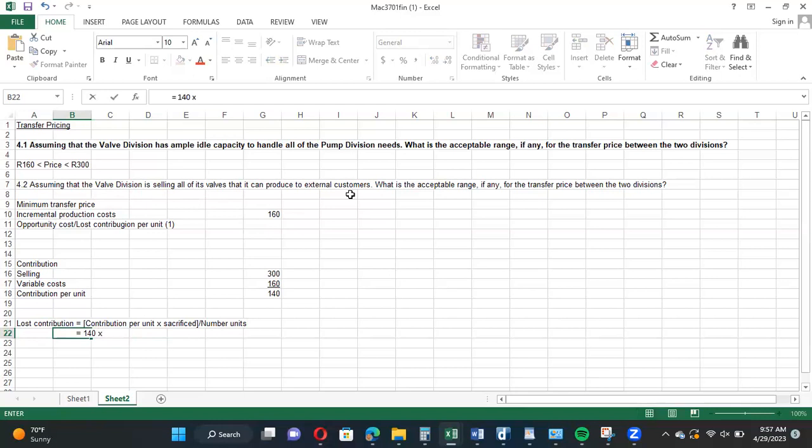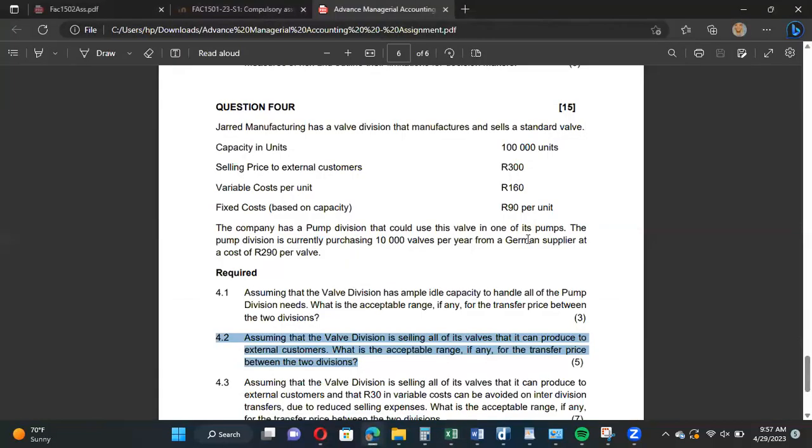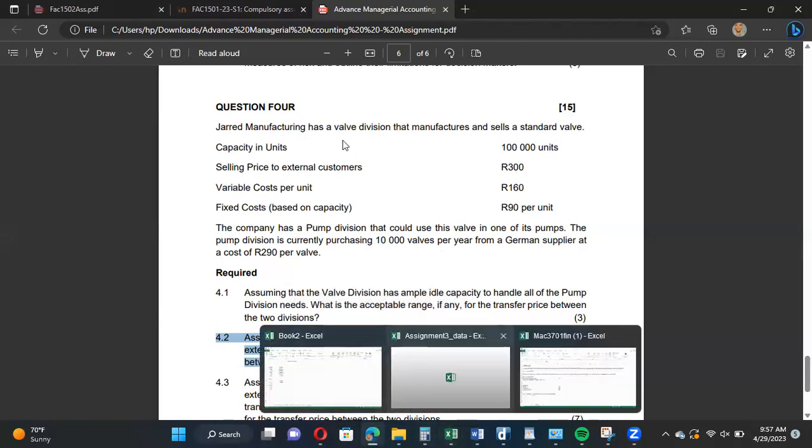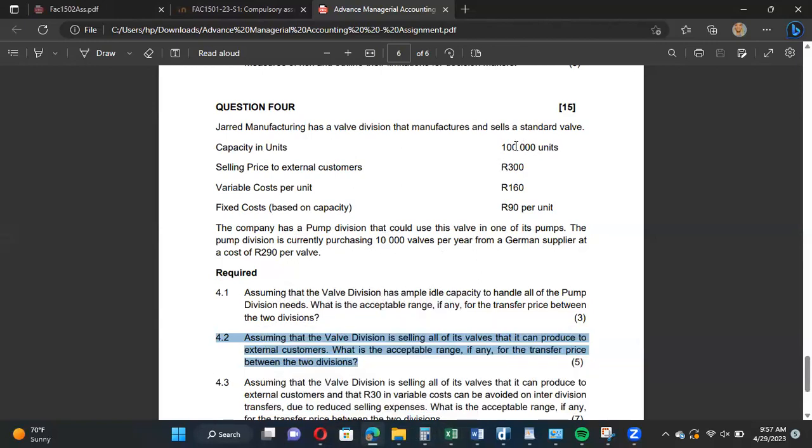But now we then need to multiply that 140 by, let's go back to the question now. Right. They are currently, the pump division needs how much? They need 10,000. Right. So which means now we need to multiply that by our 10,000. Why so? Because these guys are also going to lose 10,000.